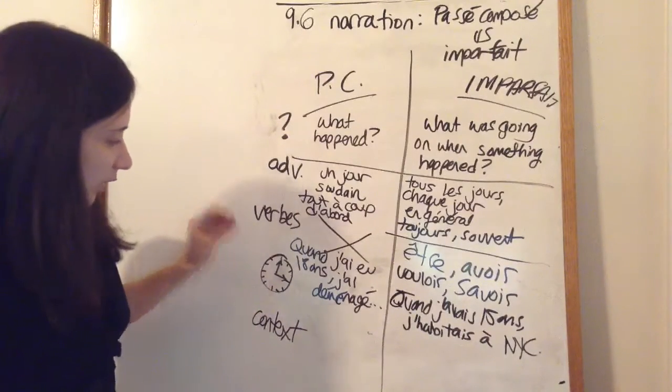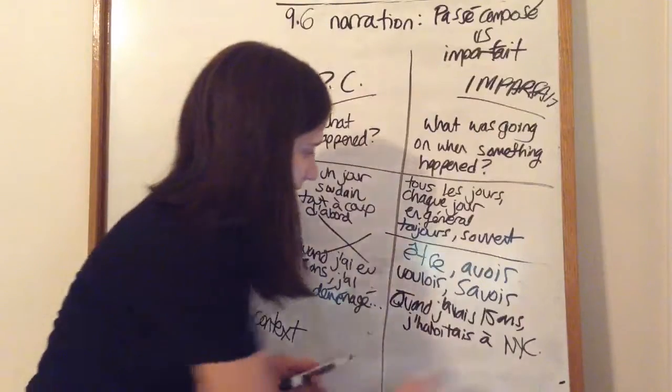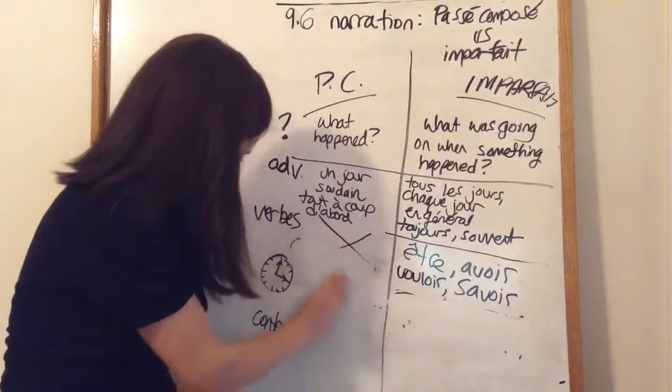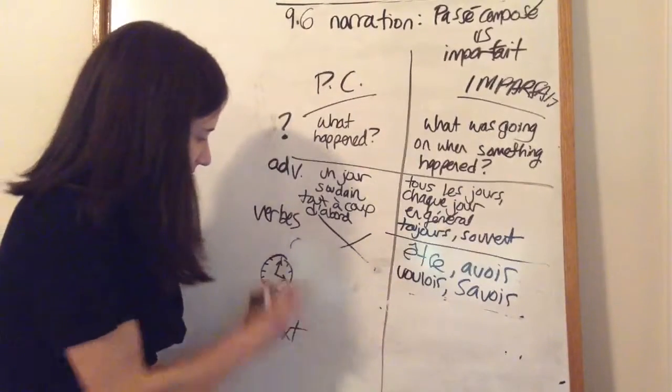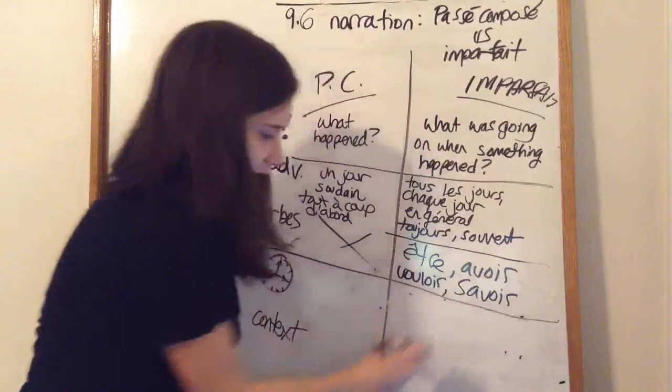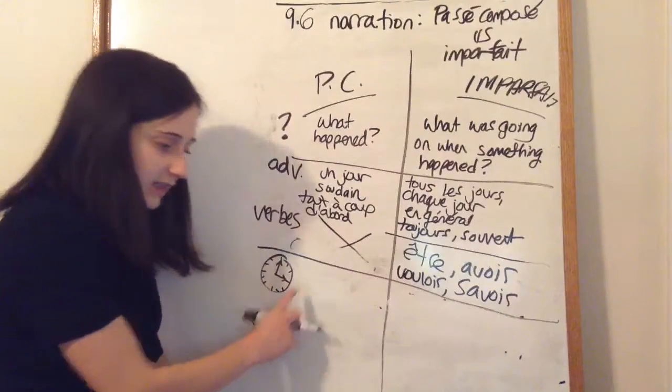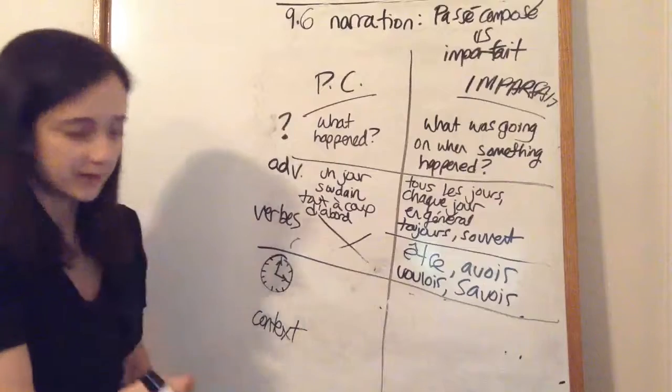Okay, clue, time periods. Let me erase this out of the way. So we have time periods. Precise length of time here. There's a definite beginning, definite end.